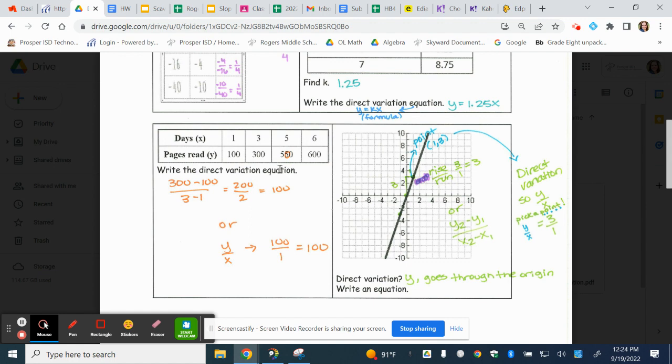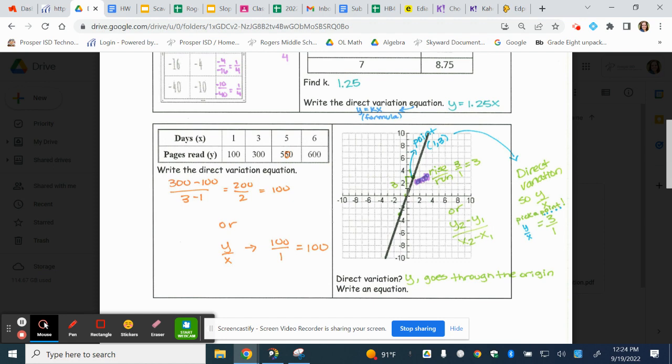Write the direct variation equation. So we've got to find k. So pick a y over x, 100 over 1, which is my k. And then my equation will be y equals 100x. Next one, it goes through the origin, so it's proportional. I can certainly do y over x, or I can do rise over run.